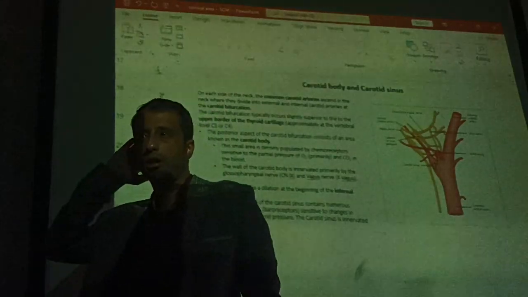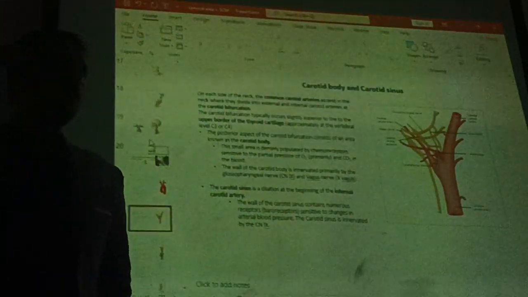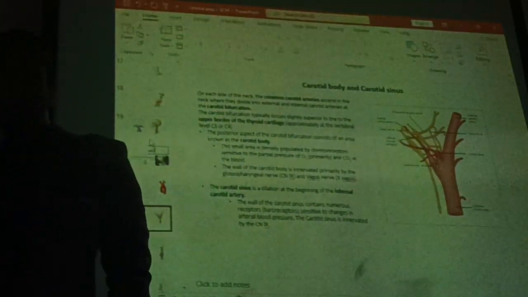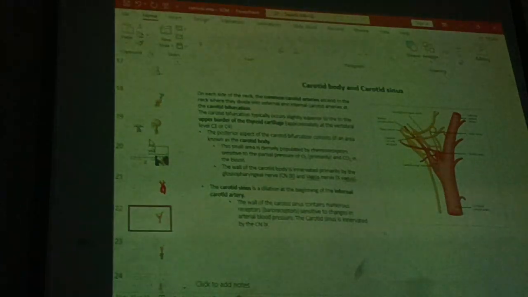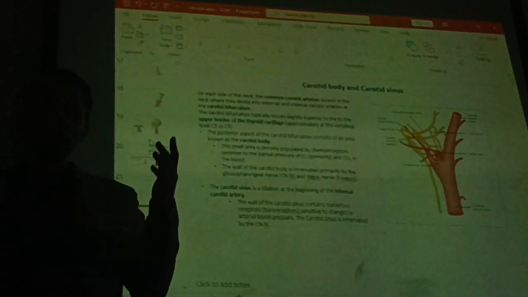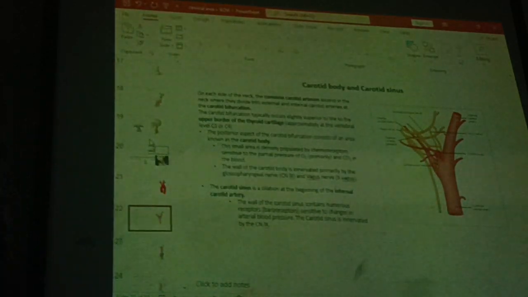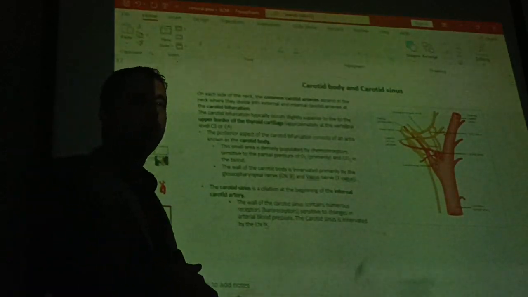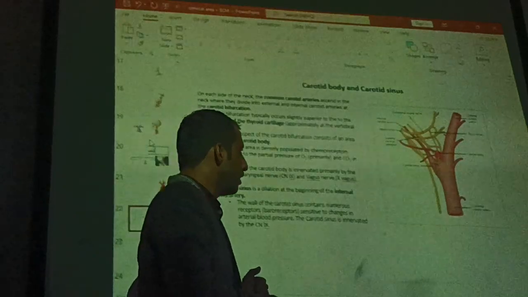These areas are supplied by the external carotid artery. But the internal carotid artery inserts into the brain, and any structure which is located in the skull is supplied by the internal carotid artery.